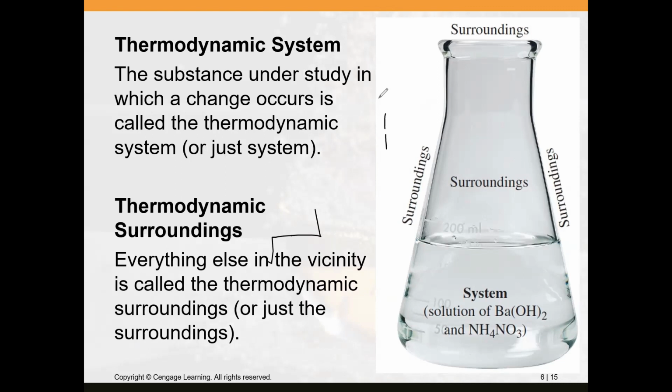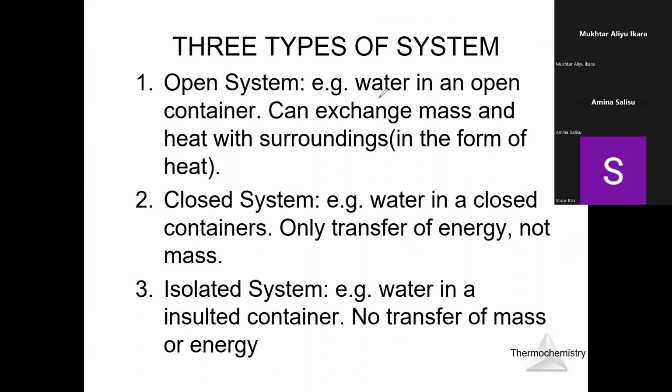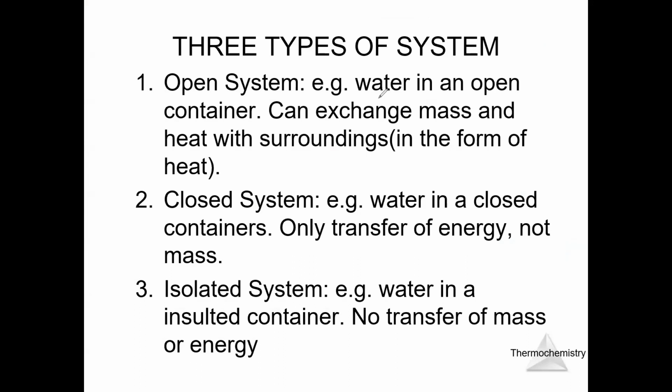As we started discussing, we have different types of system. Number one, we have an open system. An open system is a region where both matter and energy can be exchanged between the system and the surrounding. For example, let's say this is our system.